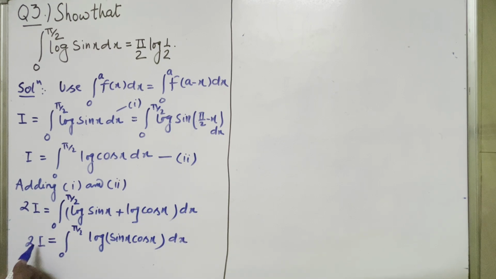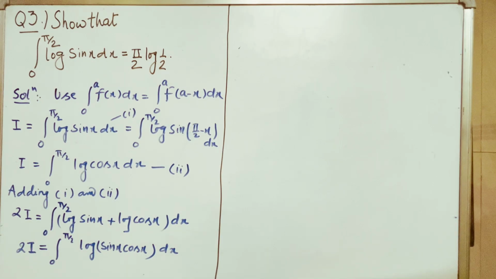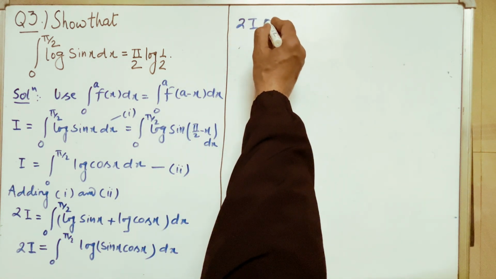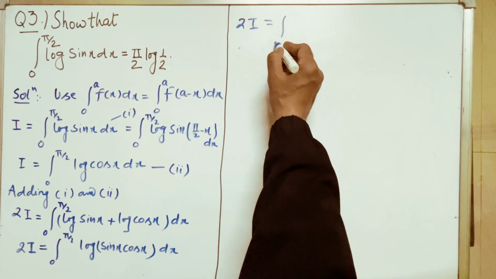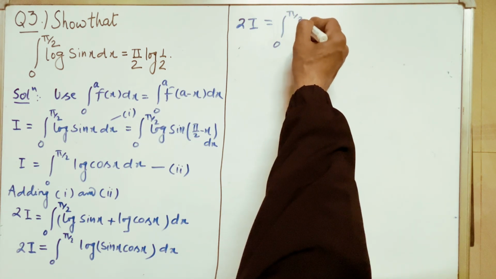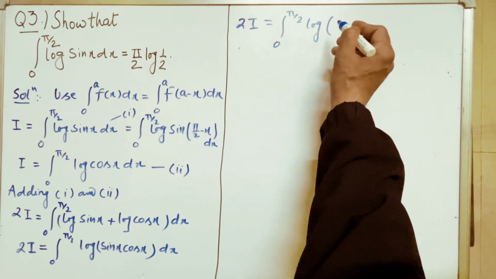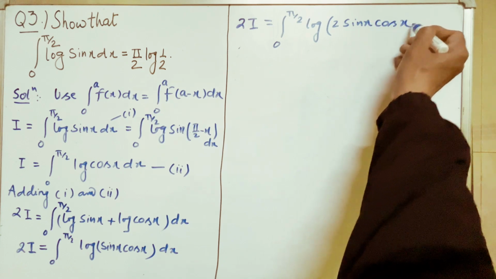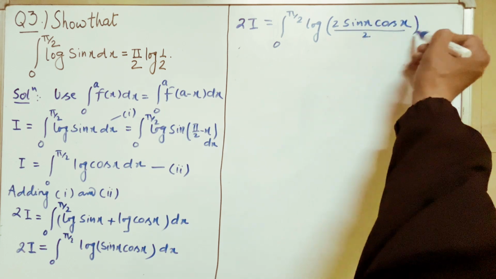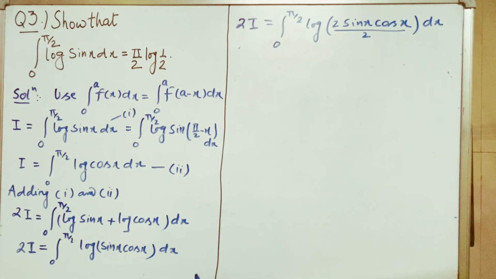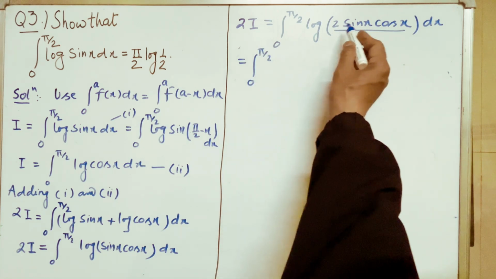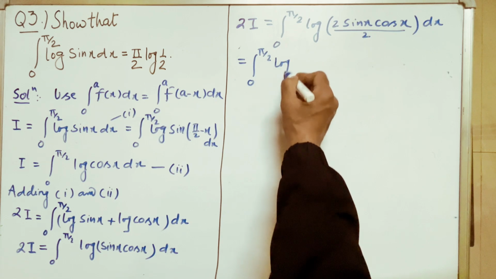Here we have 2I. So now we'll multiply and divide by 2 inside the bracket so that it will become one trigonometric identity. So I'm multiplying by 2, say 2 sin x cos x, and we'll divide by 2 as well. So it becomes, 2 sin x cos x is sin 2x.